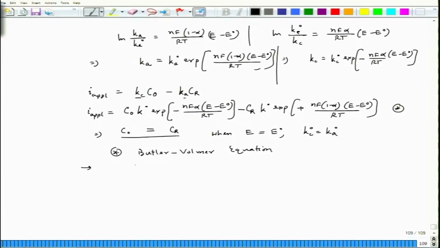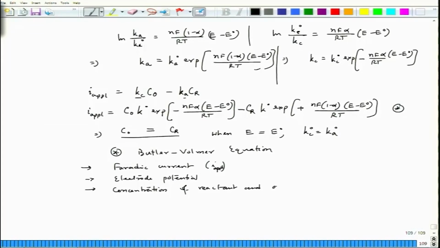So, the Butler-Volmer equation actually relates important parameters of electrochemistry. One is Faraday current, which is I applied, then it relates to the electrode potential, then it relates to concentration of reactants and product.